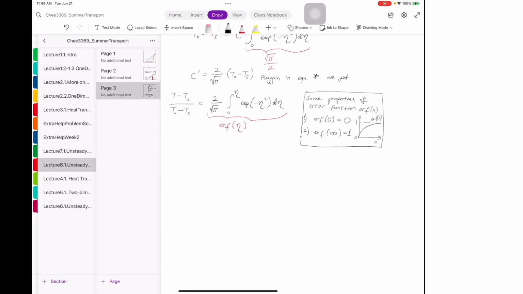Oh yeah, I guess you have it in your textbook. Let me check really quick. It's a great question. Let's see the index. Error function, page 285.